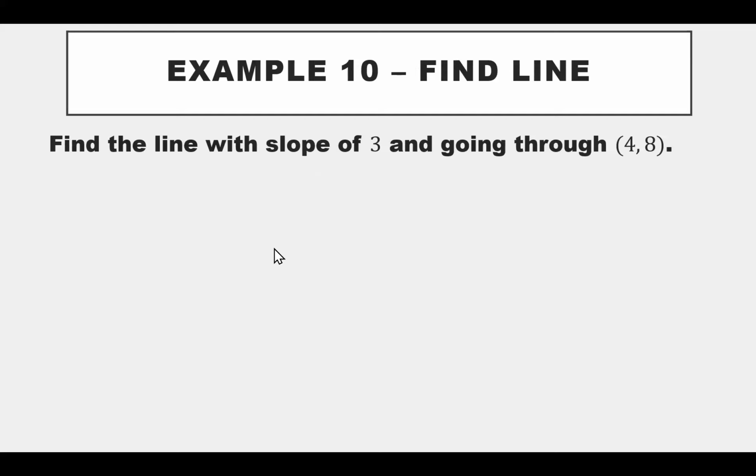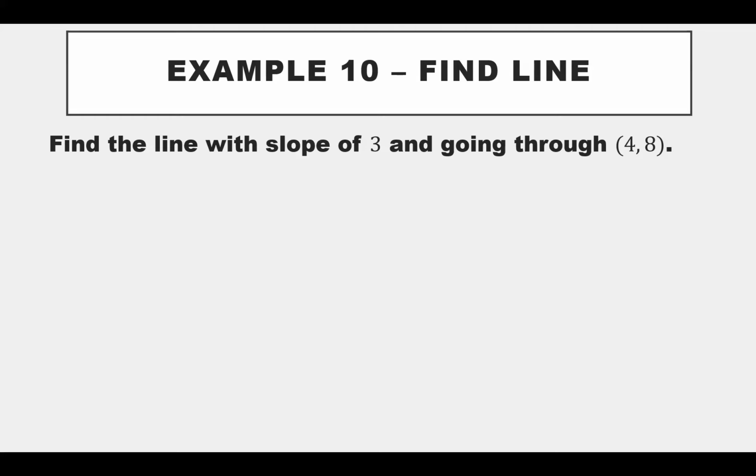Let's do an example, and this example is going to emphasize finding that b. So let's find the line with slope of 3 that goes through the point 4, 8. In this case, it's really easy to find the slope because the slope is given to us.